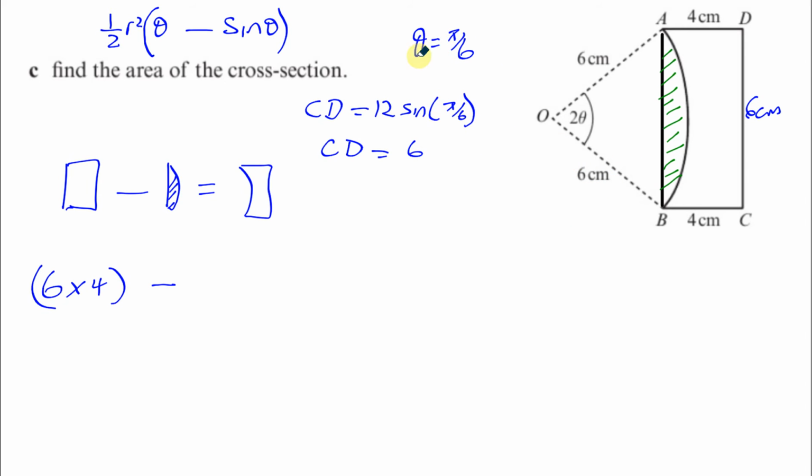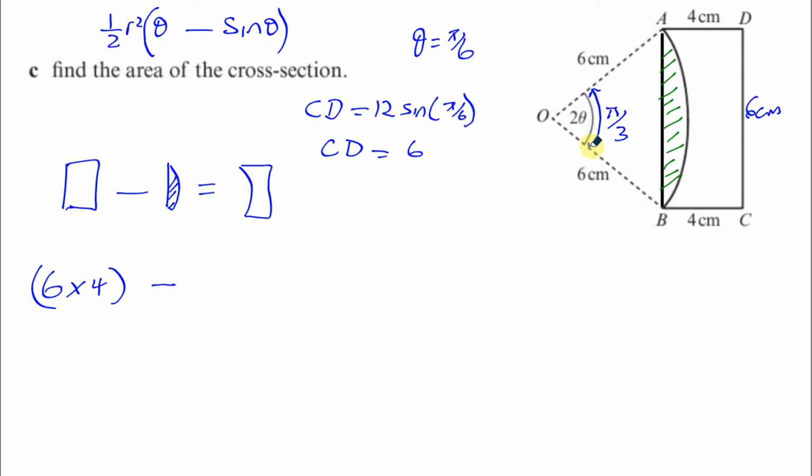In this case, our theta is the angle from there to there, which is 2 times pi. Well, sorry, 2 times pi over 6. So this angle is pi over 3. Okay, because we know that theta is pi over 6. So this is 2 times theta, so it's 2 times pi over 6, which is pi over 3.